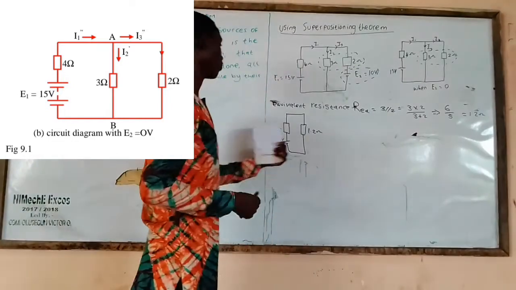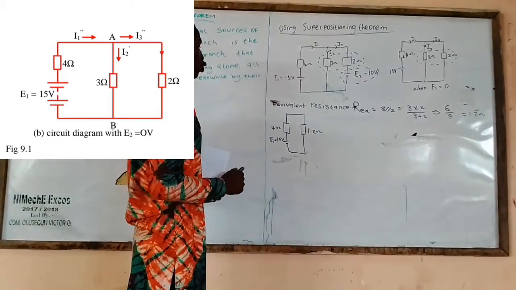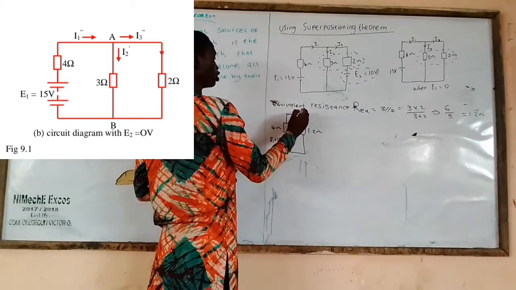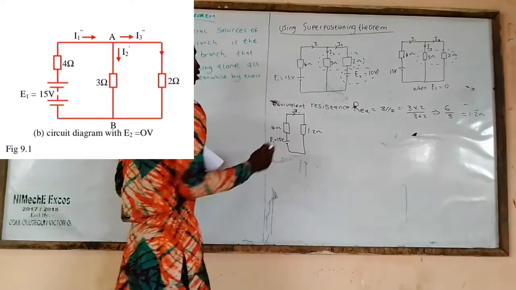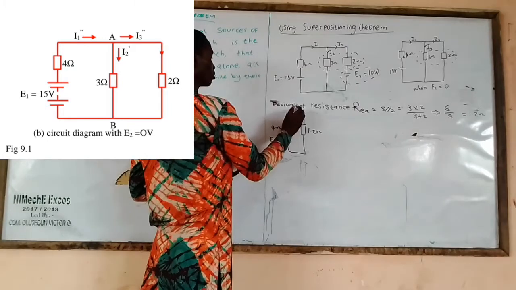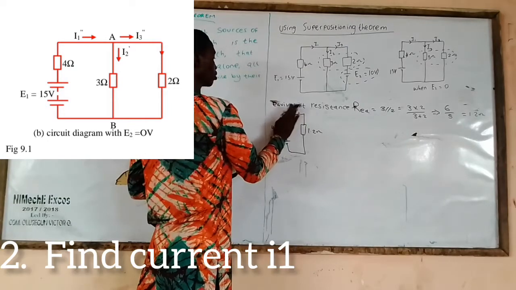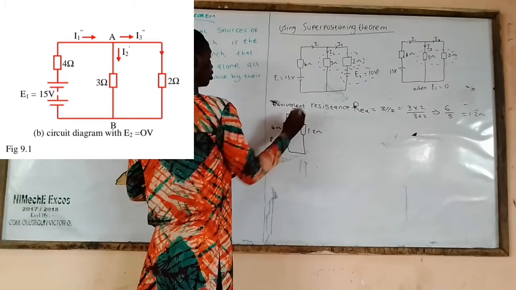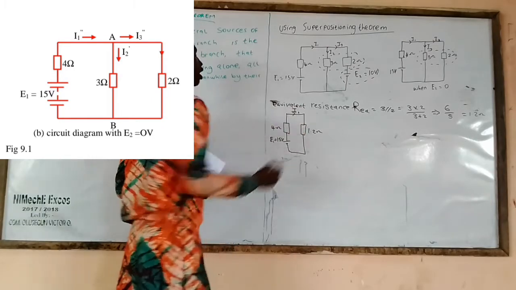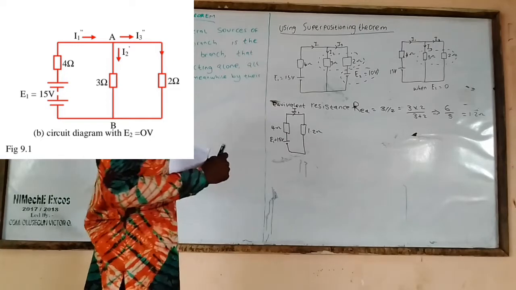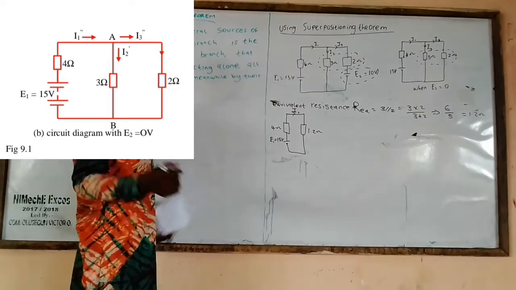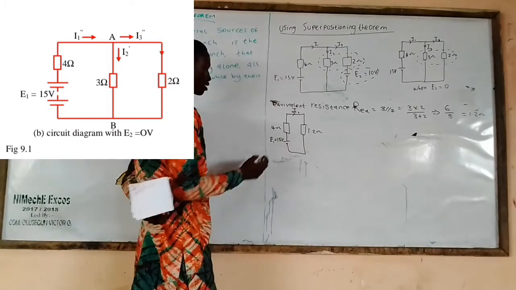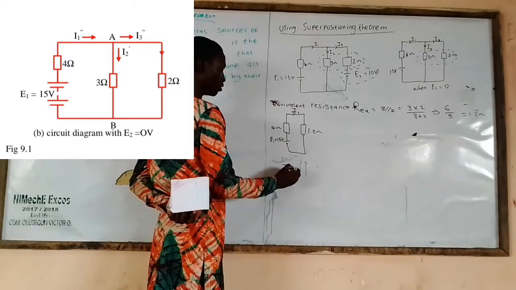From here, if I want to look for my I1, at this point current I1 is the only one flowing here. So how do I find my I1?